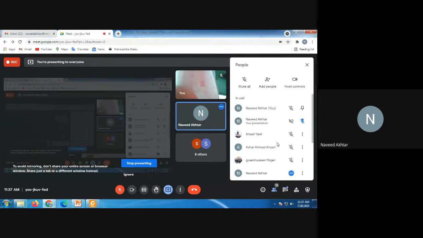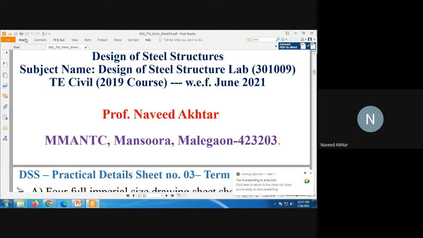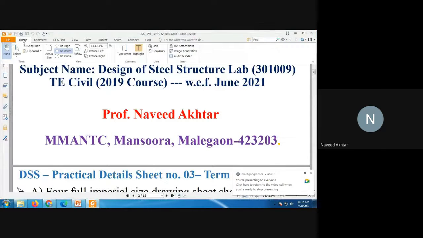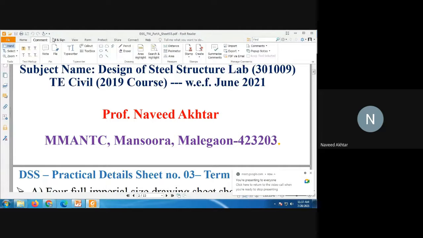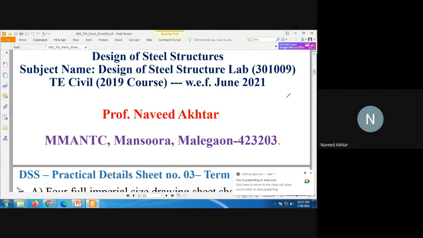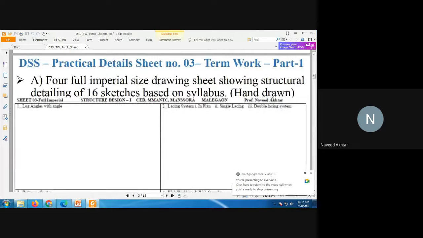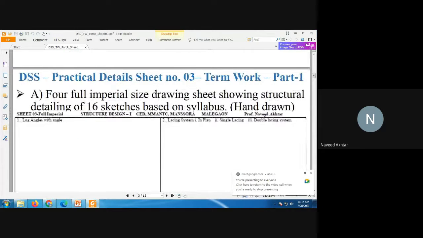I am sharing it to you, but you have to work regularly. Otherwise, there is a problem when you do not work regularly. So we will start this sheet number 3 content again like the other 2 sheets.